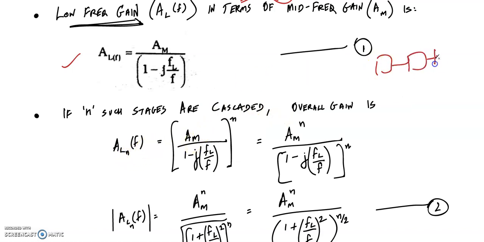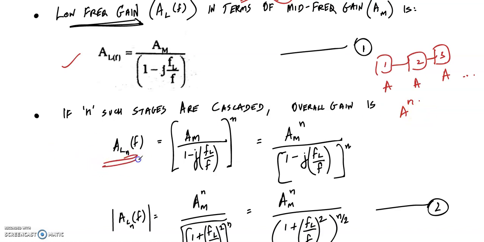So what happens to the gain? As we said earlier, gain is multiplied, A1 into A2 into A3 and so on. If the gain of all these stages is the same, it becomes A raised to n. In this case, if I have 3 stages, it becomes A raised to 3. So if I have n number of stages, it becomes A raised to n.